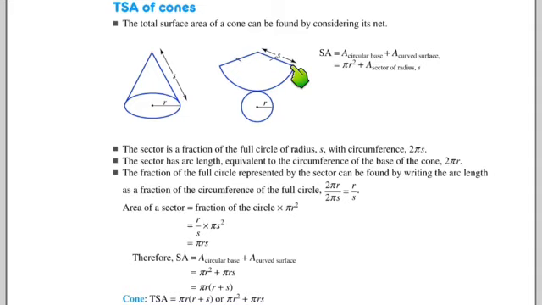Now, what is the area of this sector of this circle? Well, there's a fantastic way of working it out. Let me step you through it. First of all, guys, what would the perimeter of a full circle with radius S be? In other words, what is the circumference of a circle of radius S? Well, it's 2 pi S, isn't it?